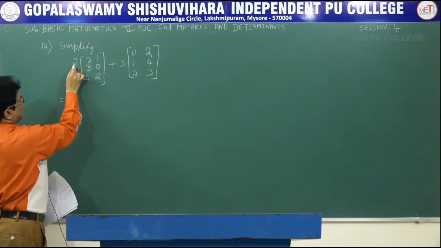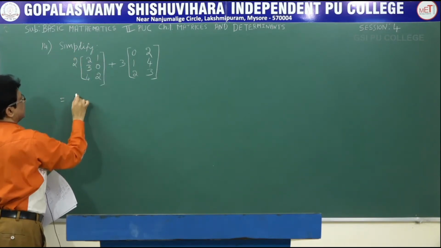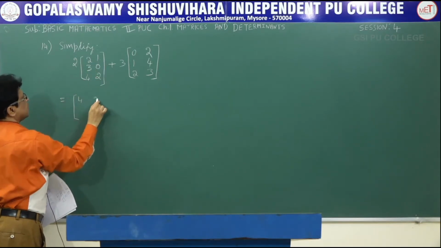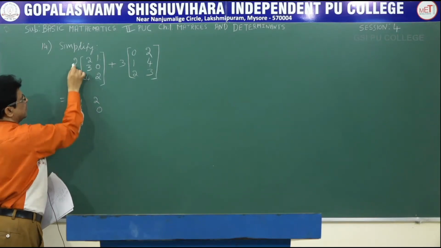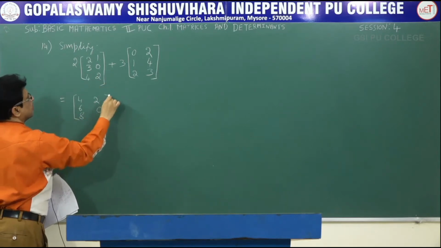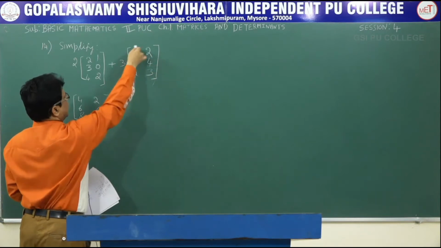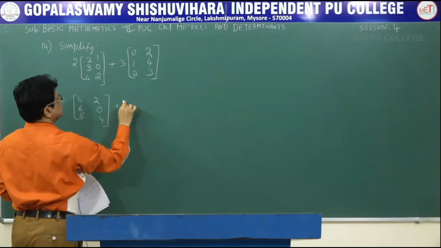First we have to multiply 2 to all the elements of the matrix. So 2 2s are 4, 2 1s are 2, 2 3s are 6, 2 into 0 is 0, 2 into 4 is 8, 2 into 2 is 4, plus multiply 3 to the entire matrix, that means all the elements of the matrix.